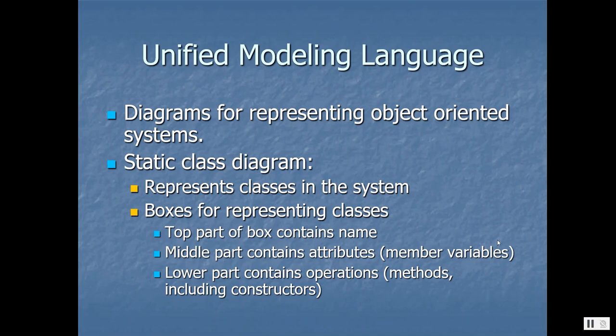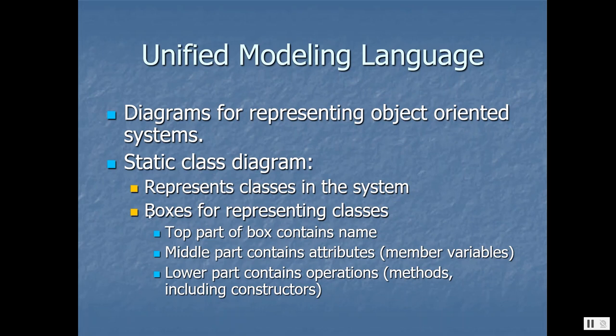Now that we're talking about object orientation, we should start to become familiar with the diagramming methodologies used for object orientation. Similar to ER modeling with database stuff, we have something called UML, Unified Modeling Language, and so there's the notion of a class diagram, which is representing the classes in the system.